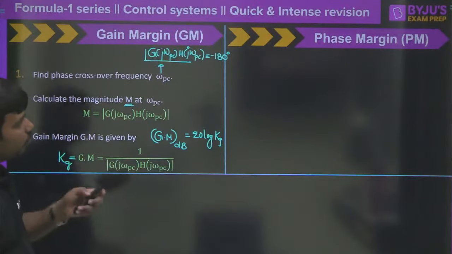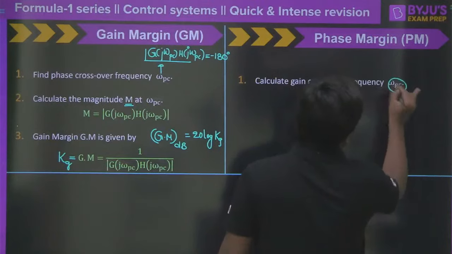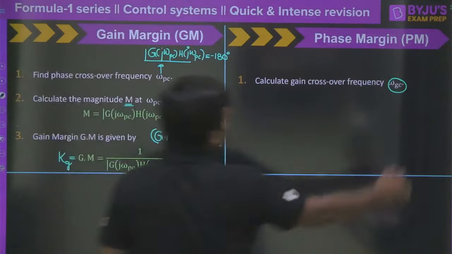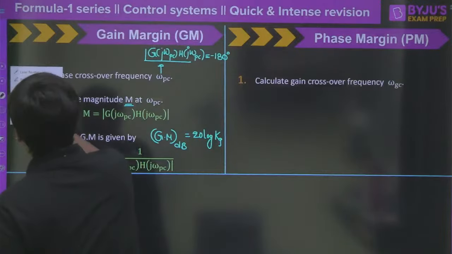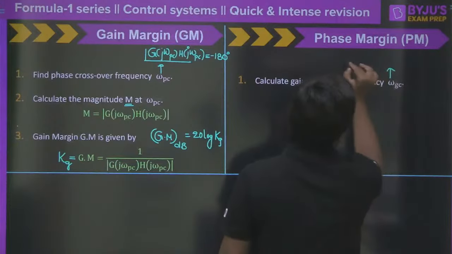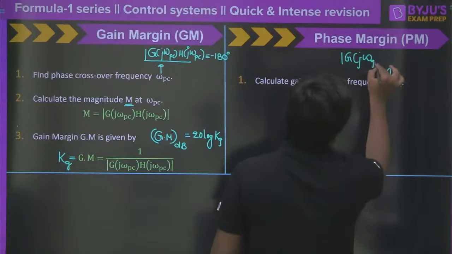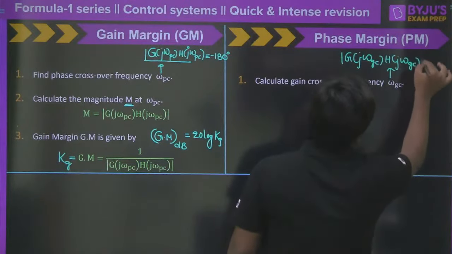Now if you want the phase margin, then we need to find omega GC, which is called the gain crossover frequency. That means if you want the phase margin, first the magnitude should be fixed at 1. So omega GC can be found by taking the modulus: magnitude of G(j omega GC)H(j omega GC) equal to 1.